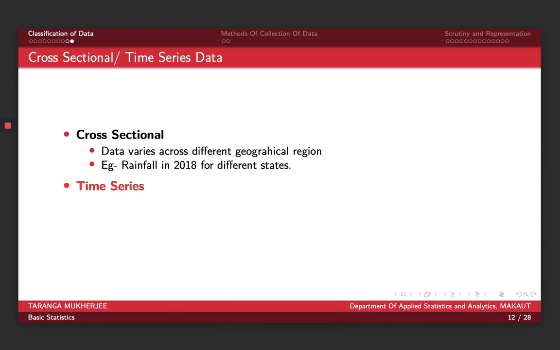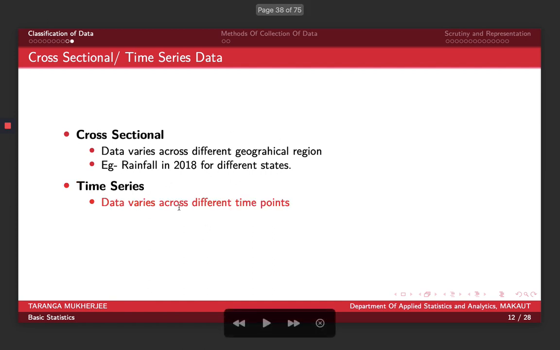Another kind of dataset is called the time series data. Time series data means the dataset which varies across time, like population of India. From the beginning of the census, 1911, the population is increasing over time. So population of India is definitely a time series data. Or for example, annual rainfall in India.